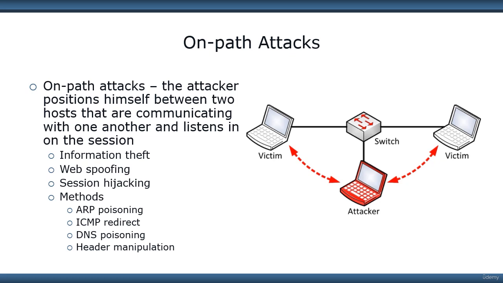DNS data can be manipulated and poisoned, whether that's the DNS cache on the client or the DNS cache on a server that is serving multiple clients. It can have the same effect. This name no longer maps to the appropriate IP address, and instead it is sending to the attacker's system. And then header manipulation, IP spoofing, would be another mechanism by which on-path attacks can occur.